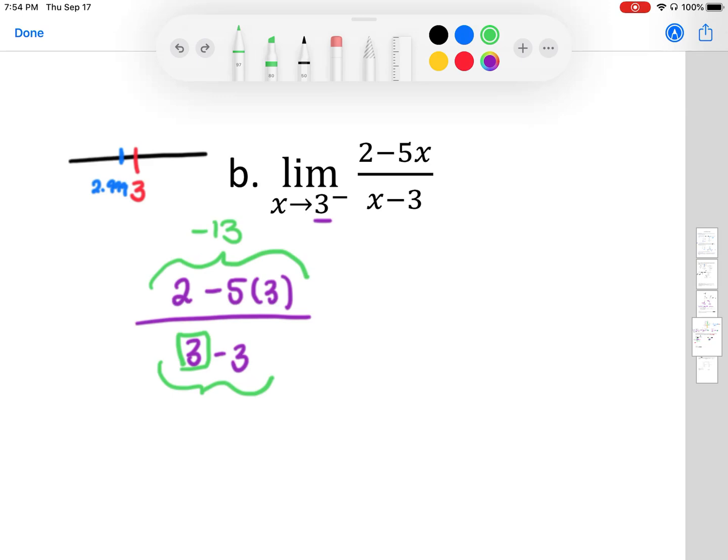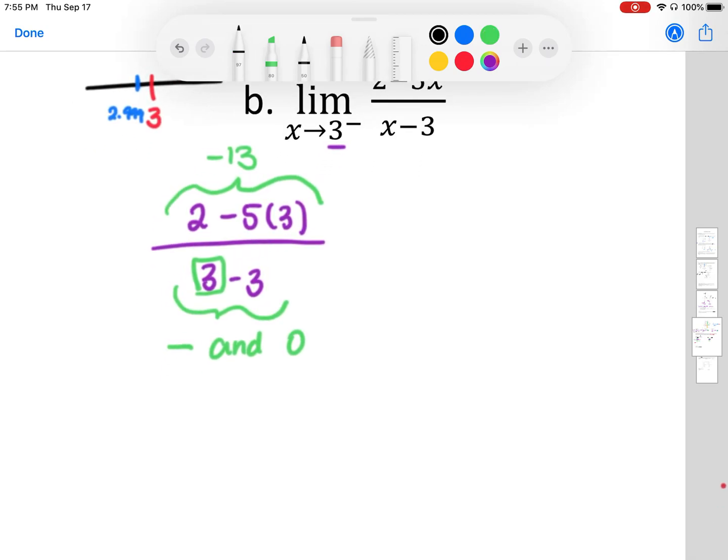Then we'll have something like 2.9 minus 3. That will result in a negative and 0. So because our fraction is made up of a negative and a negative, our answer, well, what's a negative divided by a negative? It'd be positive. Therefore, our answer is positive infinity.